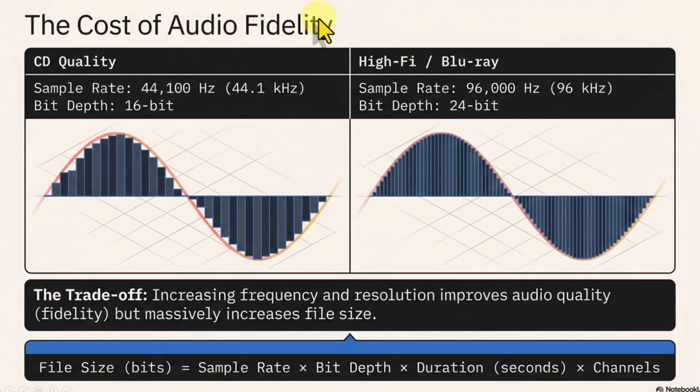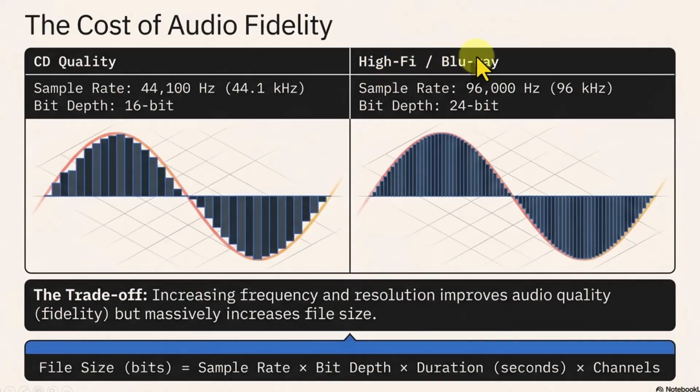Then the cost of audio fidelity, it means how near it will be to the original sound, okay? The cost is in storage, okay? So in CD quality, our sample rate is 44,100 hertz, which is 44.1 kilohertz, okay? And the bit depth there is 16 bits.